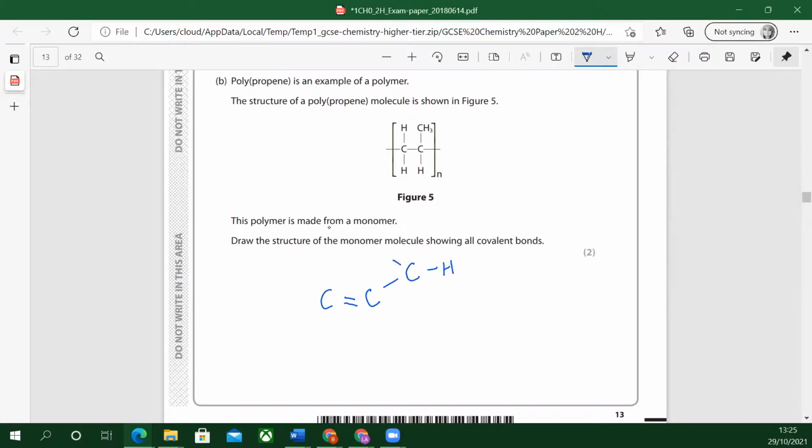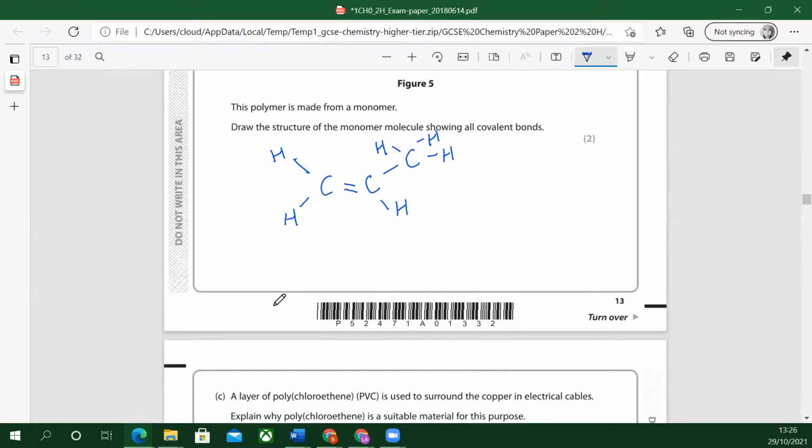H. Be careful with the bonds here. H. Okay, so it has to have a double bond though. It's a monomer because it can open up to form a polymer. So when it's a monomer, it's got that double bond. It's the same thing as that really, but it's got a double bond. Also, make sure you put all the hydrogens in too.